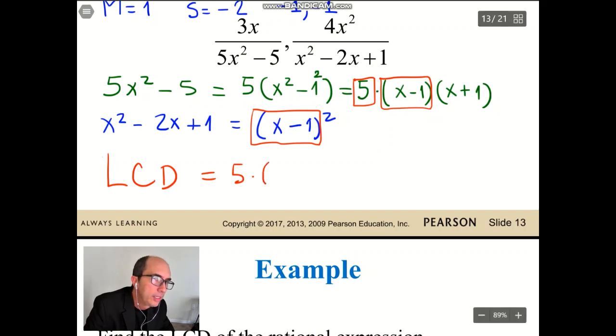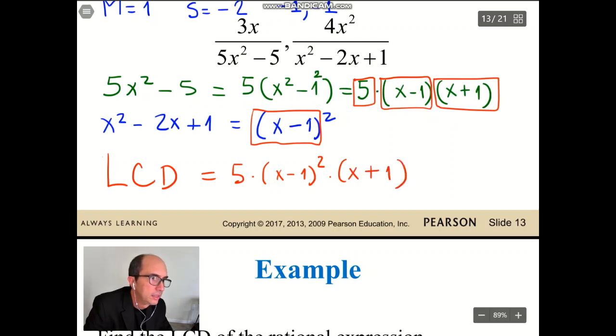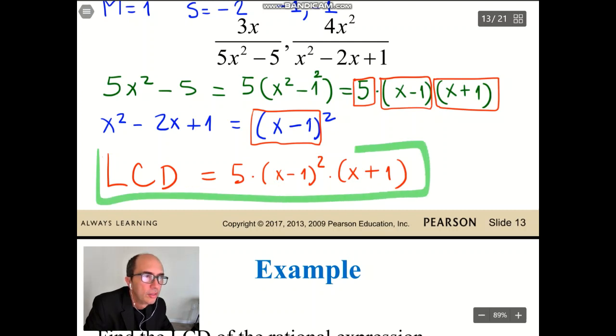Then we're going to use the one that has the greatest power. The greatest power is this second one, that is squared, right? And another unique factor, x plus 1. This is the answer. This is the least common denominator for that pair of denominators.